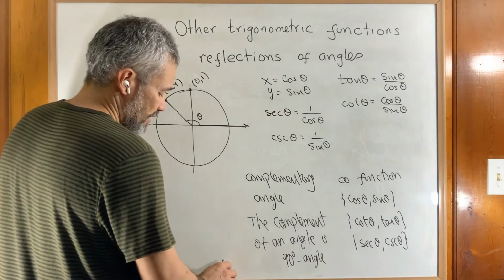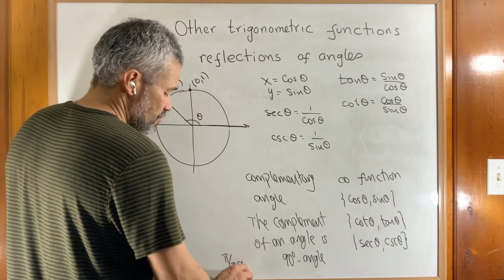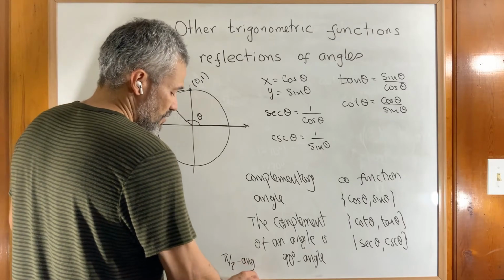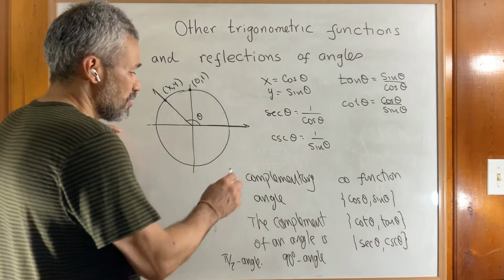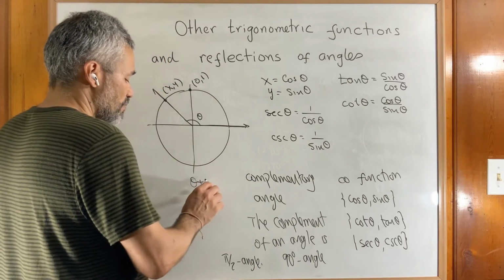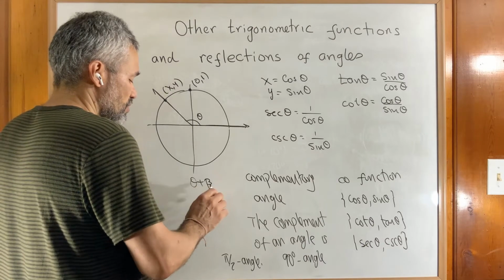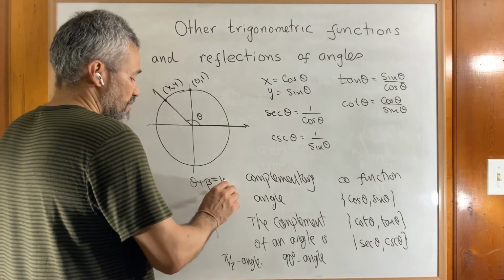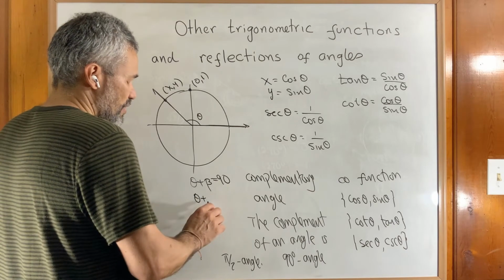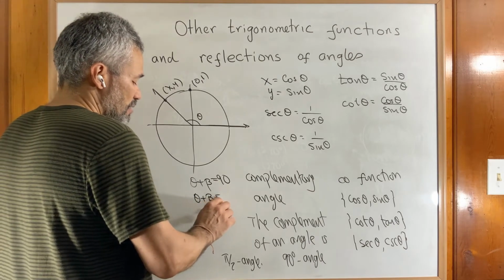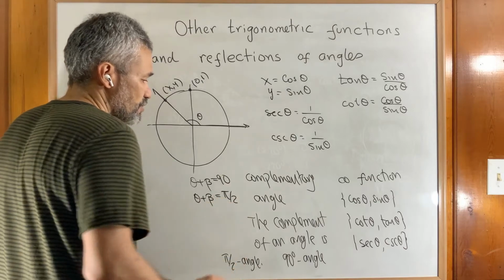Or if we're talking in radians, it will be pi over 2 minus the angle. Or we can say that two angles are complementary if the sum, when we are talking about degrees, is 90, or if we are talking in radians, if the sum is pi over 2.